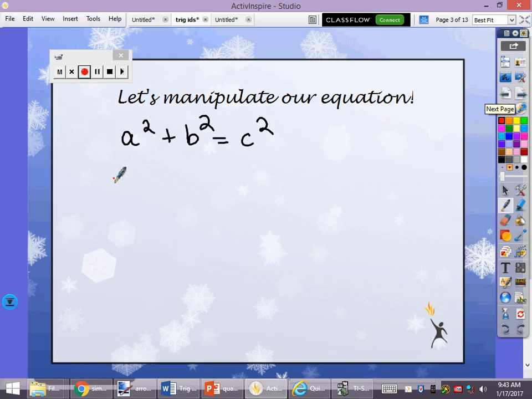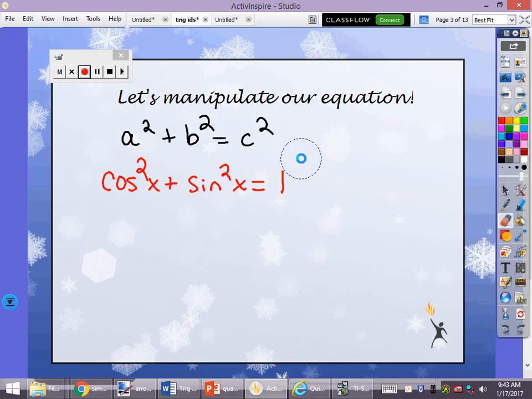So we have cosine squared x plus sine squared x equals 1 squared. Okay? 1 squared is simply 1. So I'm going to erase the little 2 and we're done. This is one of your trig identities.